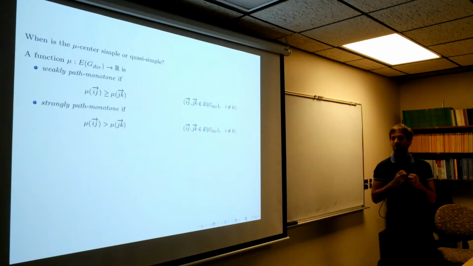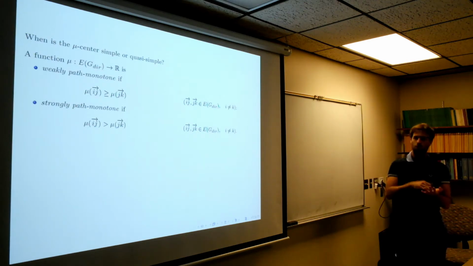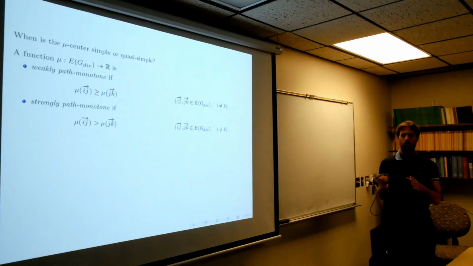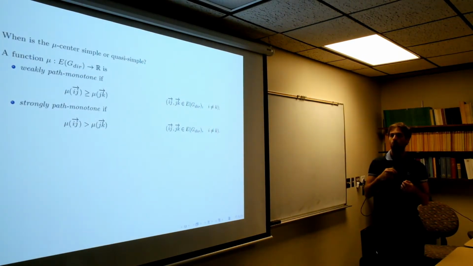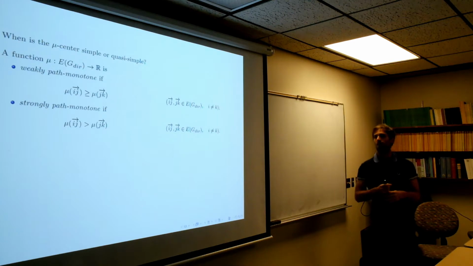So we say that a function mu from a set of arrows to R is weakly path monotone if it's weakly decreasing along a directed path. So if mu of ij is always less than or equal to mu of jk whenever we have edges ij and jk. And strongly path monotone is the same but with strict inequality. So we're saying that whenever we follow a directed path, the value of mu is decreasing.